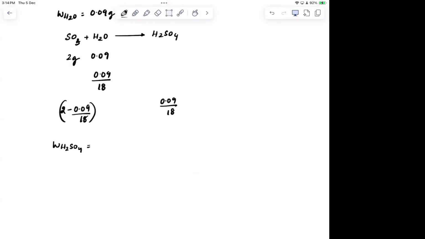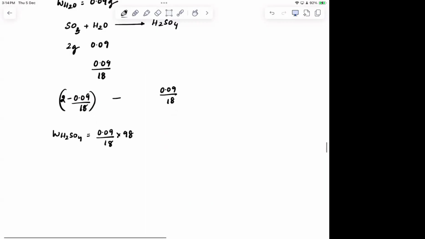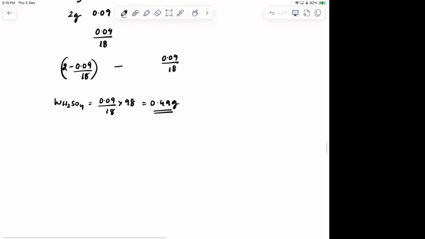Weight of H2SO4 will be 0.09 by 18 into 98. So that comes out to be 0.49 grams. So weight is 0.49 grams here.